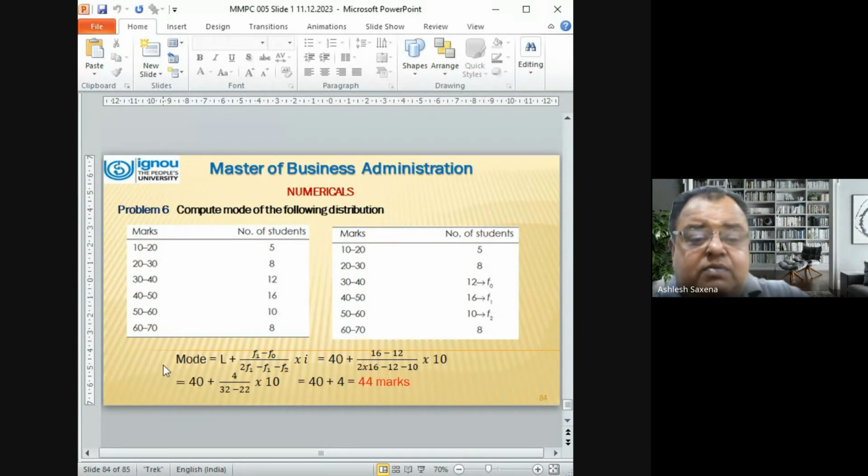We have this formula for mode. Mode is equal to L plus (f1 minus f0) upon (2f1 minus f0 minus f2). Now we will place the values over here and calculate. We got 44. That means the mode for this problem is 44.